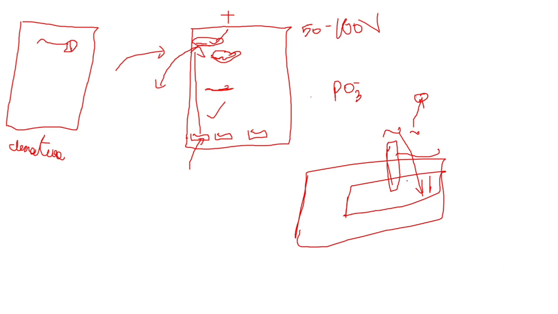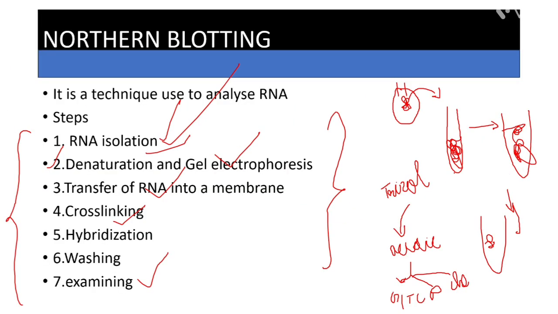Once we transfer it into a nitrocellulose membrane, we will irradiate it with UV, or we will add some cross-linking chemicals, in order to prevent this RNA molecule from diffusing. That's it. That is cross-linking.